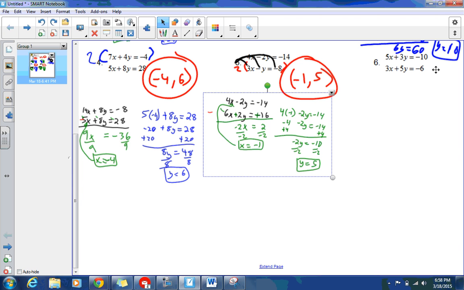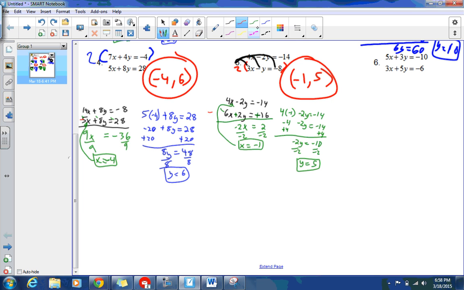So for this first one, you just have to decide which ones you want to cancel out, the x's or the y's, because they are the same, just flip-flopped. I'm going to go with the x's. So what I'm going to do is multiply this one.